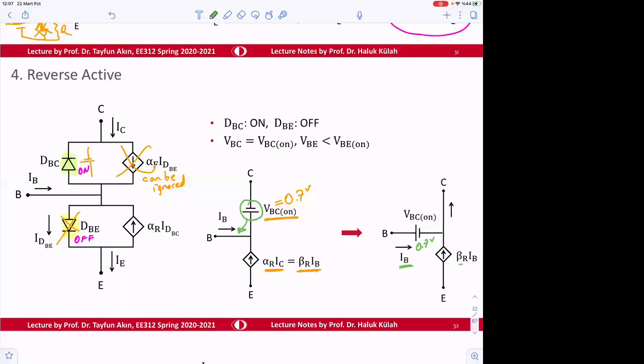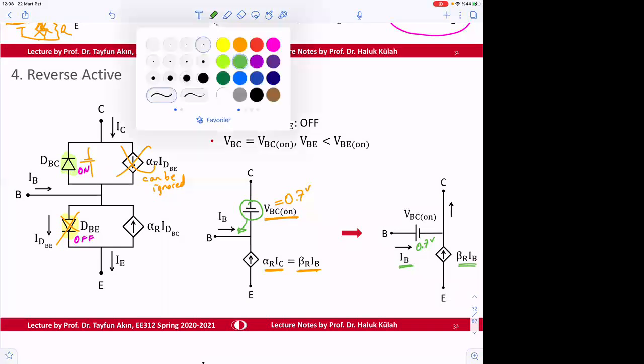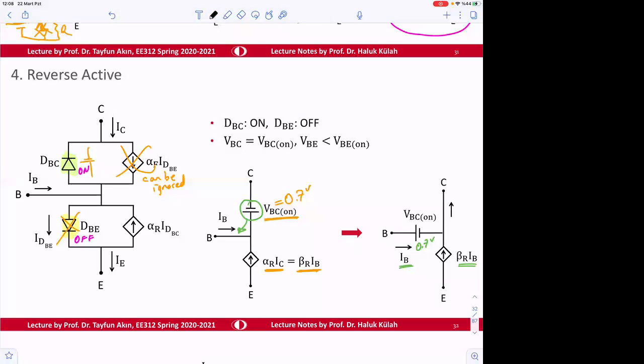And this will be in the model. And then we know that the current direction is the other way around. So eventually we do this for the model. For the reverse active region, this is what we do.